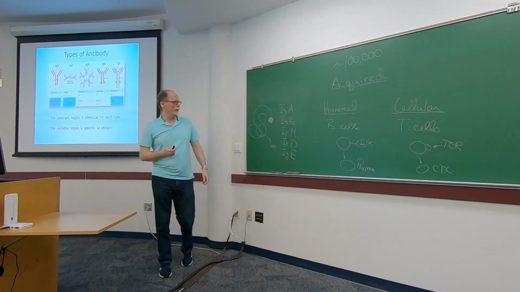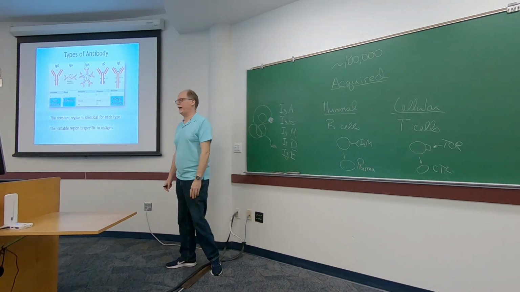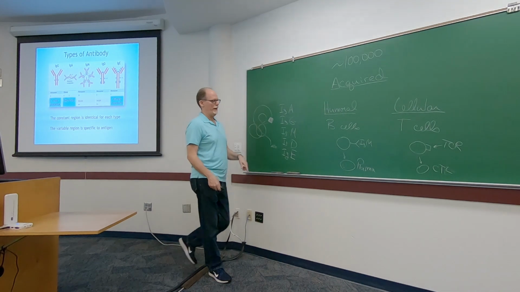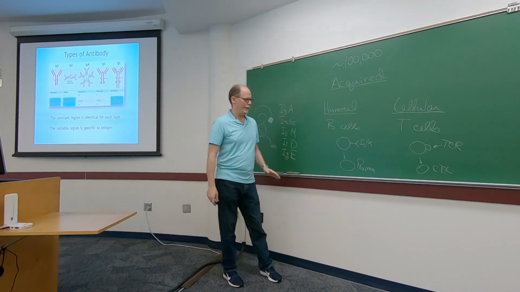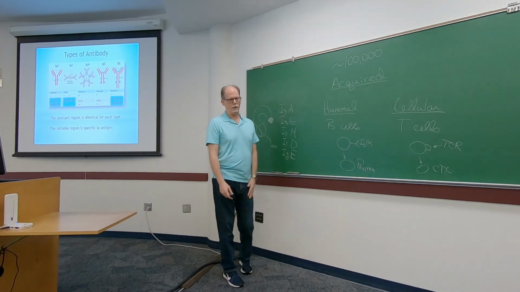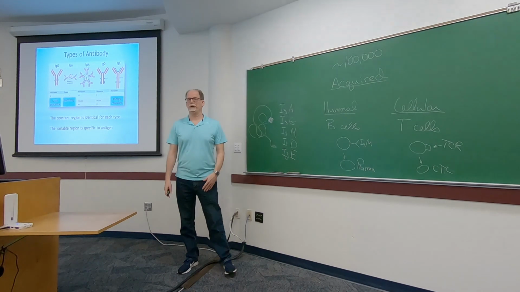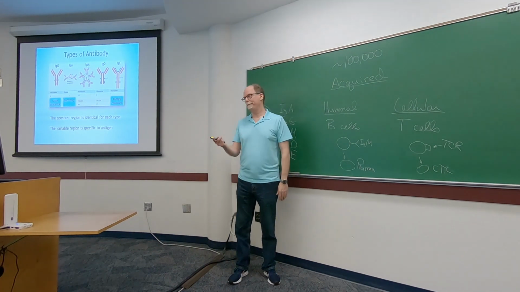So as I put on the board, there are 5 different types of antibody, which the plasma cells that are generated are going to decide which one of the 5 to make. They're always going to direct those antibodies to bind to the same antigen.